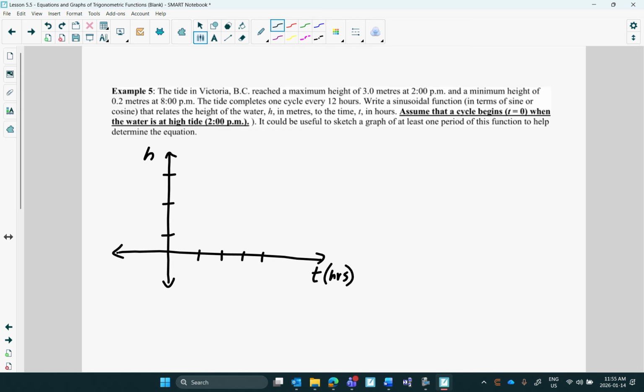So the tide in Victoria reached a maximum height of 3 meters at 2 p.m., minimum height of 0.2 meters at 8 p.m. The tide completes 1 cycle every 12 hours. Write a sinusoidal function, either sine or cosine, that relates the height of the water to the time. Let's assume that a cycle begins when the water is at high tide. So we're going to begin here.